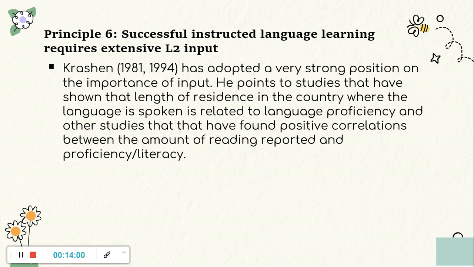He points to studies that have shown that length of residence in the country where the language is spoken is related to language proficiency, and other studies that have found a positive correlation between the amount of reading reported and proficiency or literacy. It means that the environment also has an effect on the learners. If they learn L2 with their friends, teachers, and their families outside of the classroom, they will be able to practice L2.